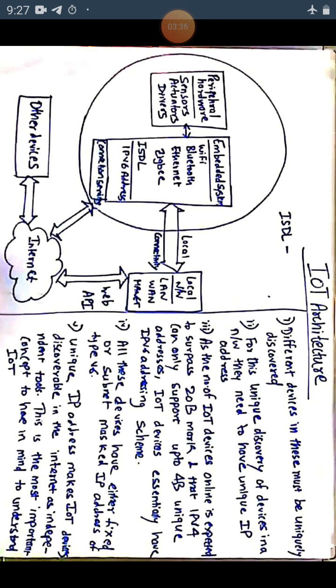You see the terms LAN, local area network, WAN, wide area network, and then the term MANET. MANET stands for mobile ad hoc network, which runs mobile hotspot and tethering services. These are all connected with the web API to the internet.